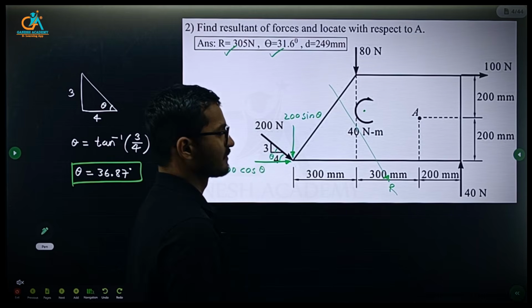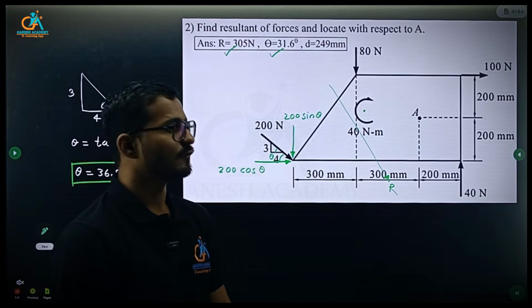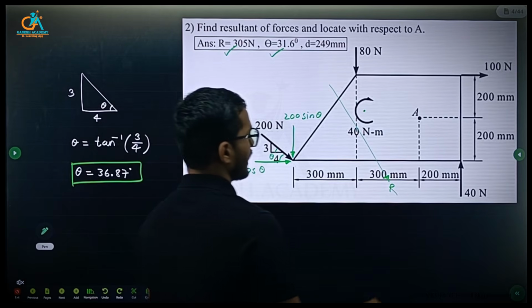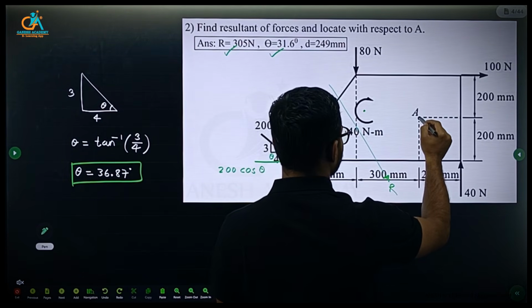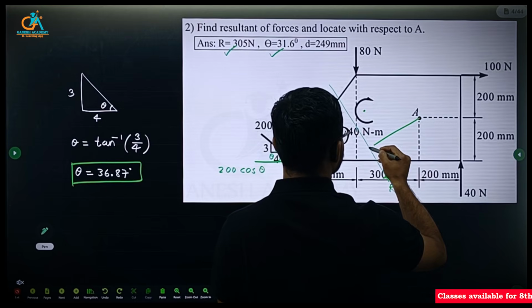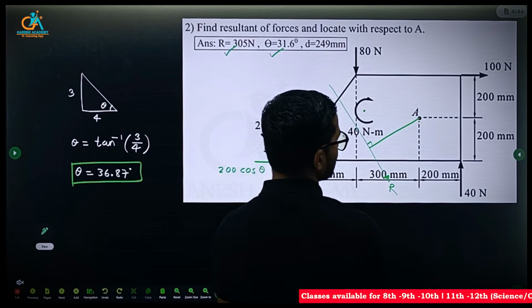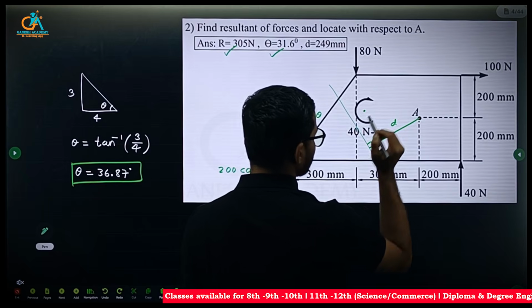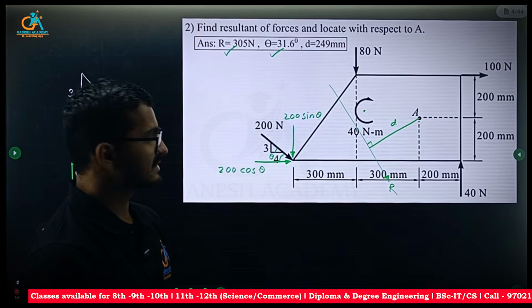So for this, your resultant should lie somewhere here, right? This is the resultant force. Okay, and I'm going to find the distance. Let's say this is D. This is the perpendicular distance.